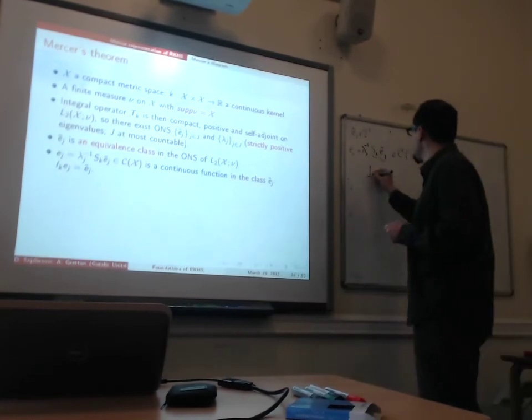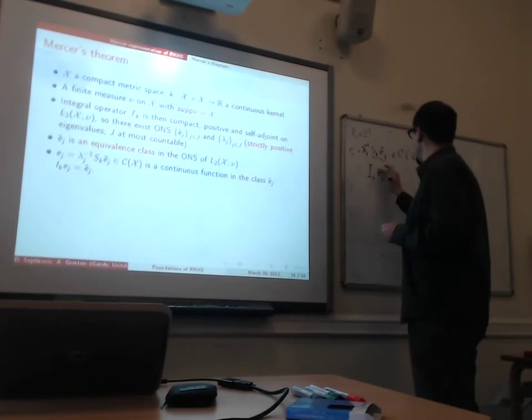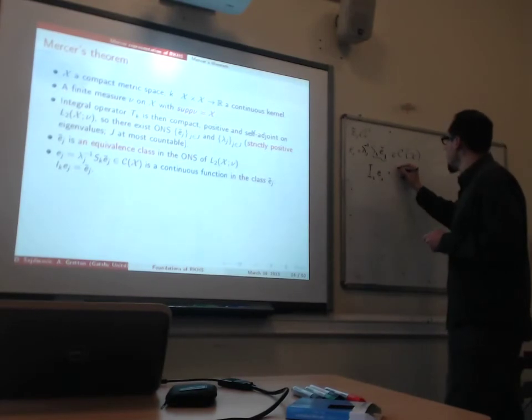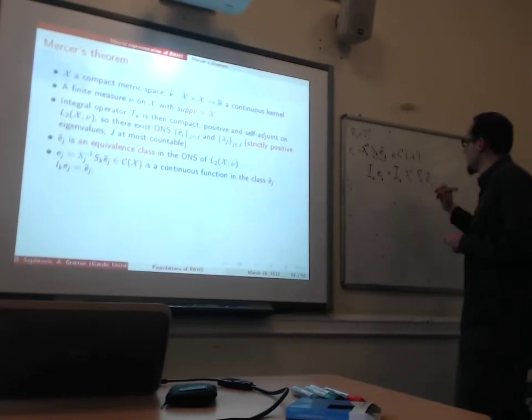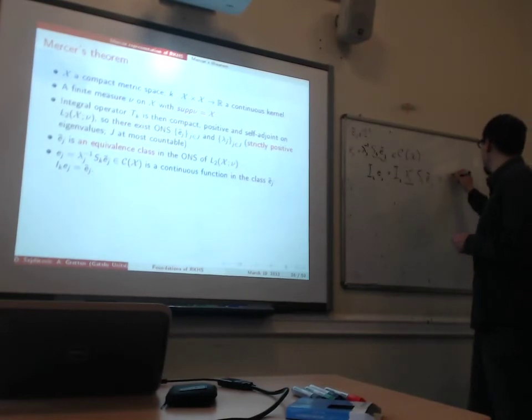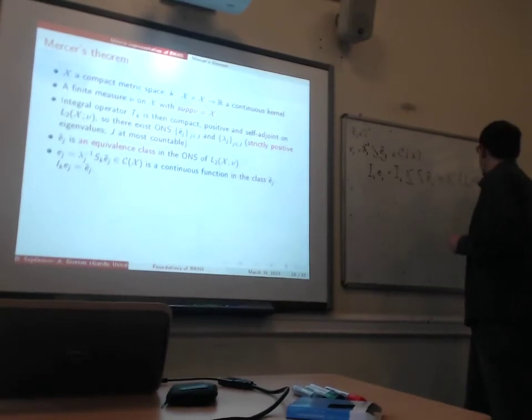So how do I know that? Well, I'm considering this object I_k, the inclusion of Ej. So what is Ej? Ej is this thing. Take the scalar outside, and I get exactly this composition of I_k and S_k applied to Ẽj.